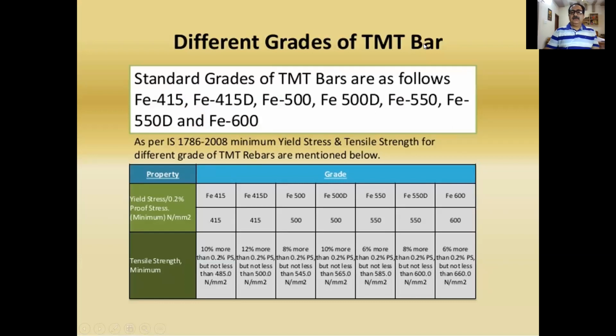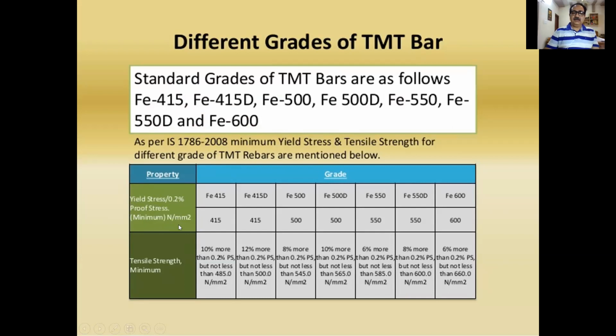Now, there are different grades of TMT bar as I have mentioned over here. All these grades are manufactured nowadays conforming to the IS specification 1786 2008, and this table shows the yield stress, the stress which is considered to be the 0.2% proof stress.